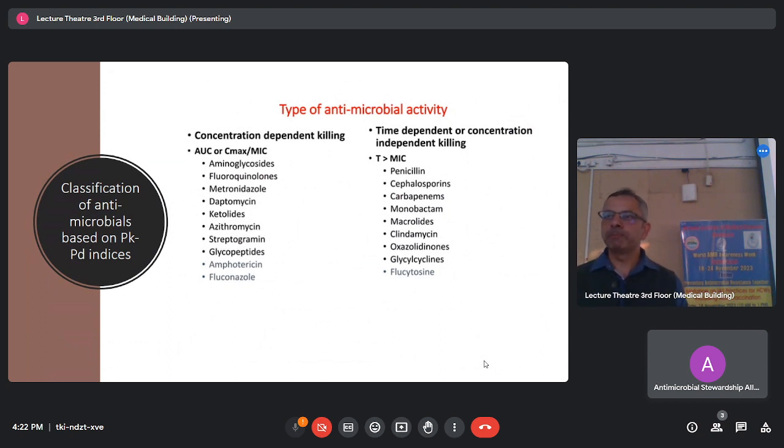So injection is recently advised. We give 1.2 gram twice a week. That's only because we advise the nurses to be really slow, extremely slowly, at least 1 hour to 2 hours.